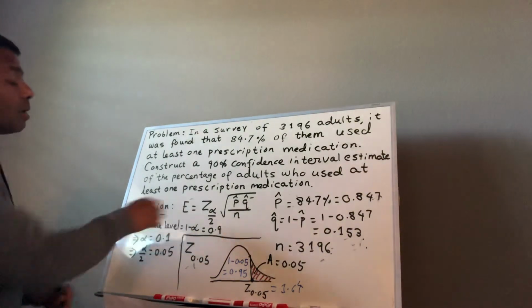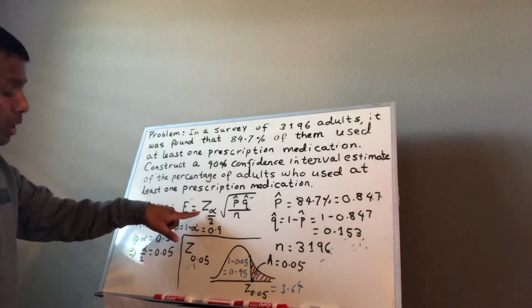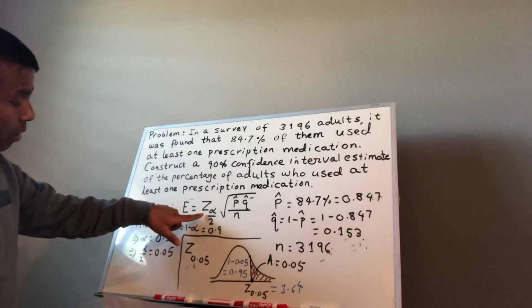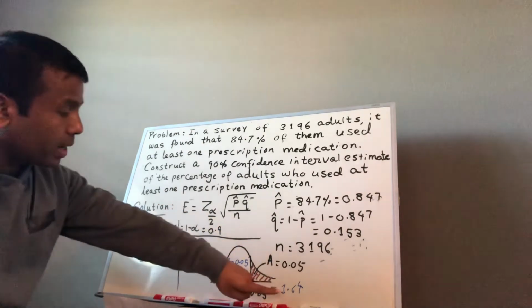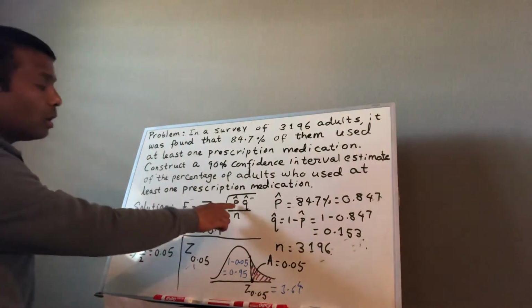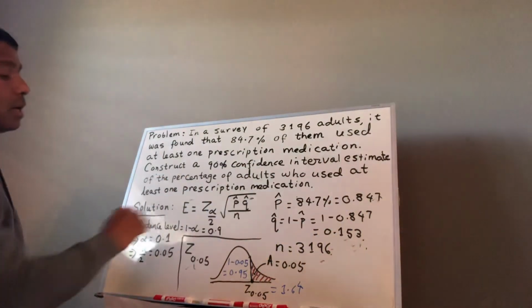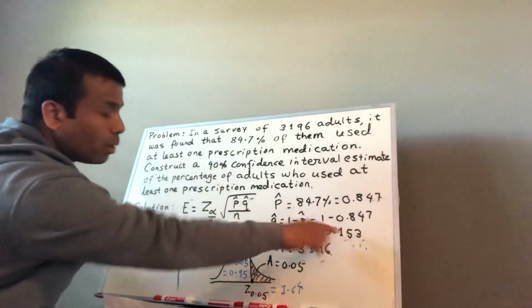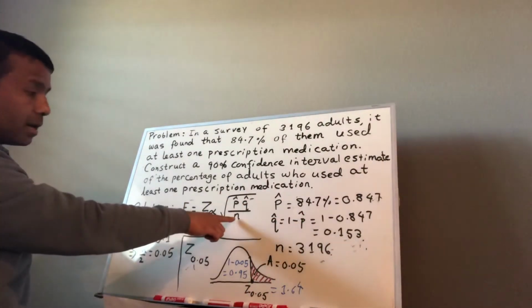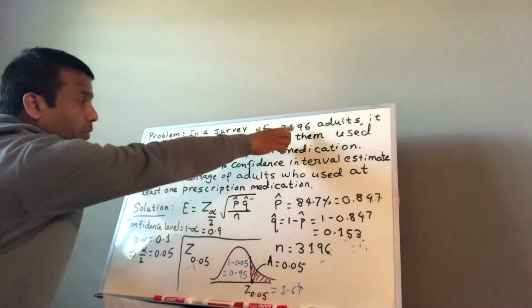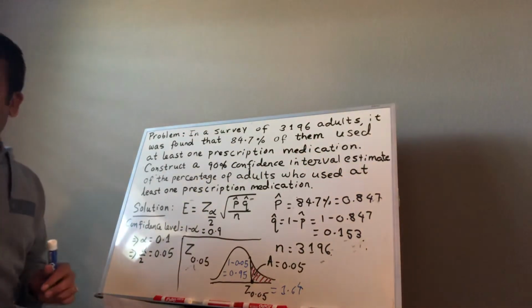Now in this formula, we knew the value of Z alpha over 2, which is 1.64. We already knew the value of P hat, which is 0.847, and the Q hat is 0.153, and we knew the sample size, which is 3,196.